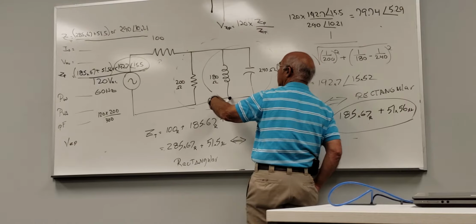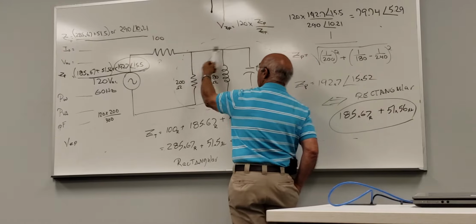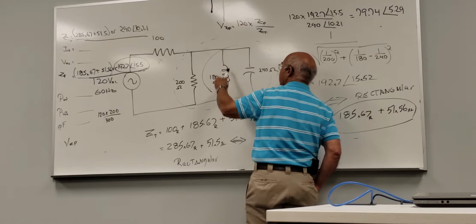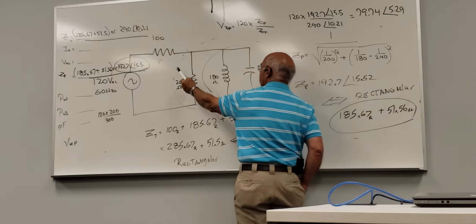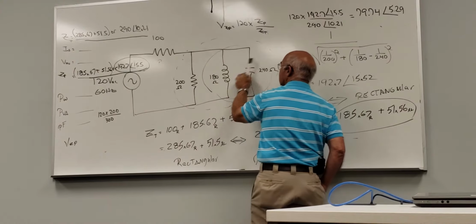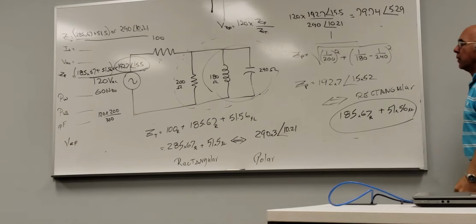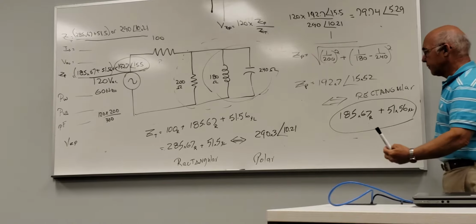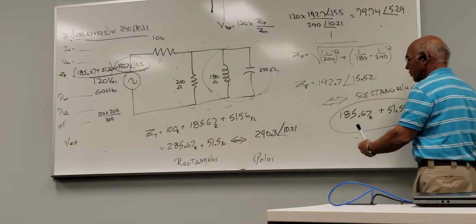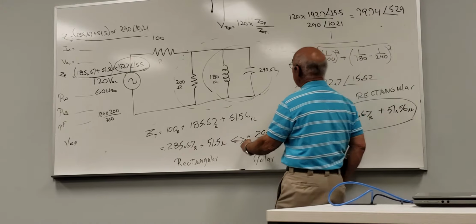They're like an open circuit. There's no current going this way, because these two are supplying each other. So as far as the source is concerned, it doesn't even see this. All it sees is that resistor. And you can tell that by looking at the phase angle. Phase angle is only 5 degrees.